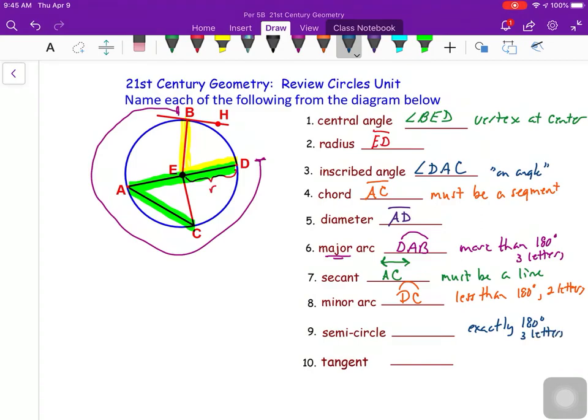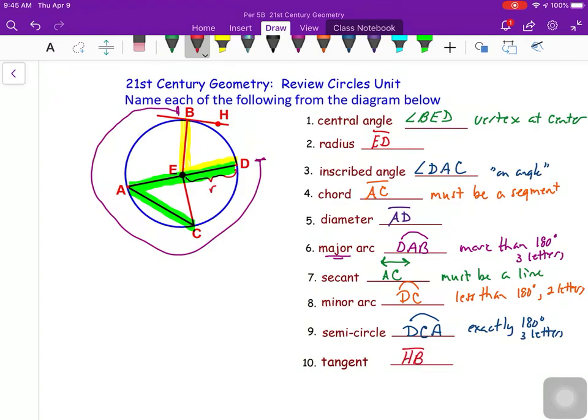A semicircle. Now a semicircle has to be exactly 180 degrees, and it uses 3 letters. So DCA with the arc symbol. And then a tangent.